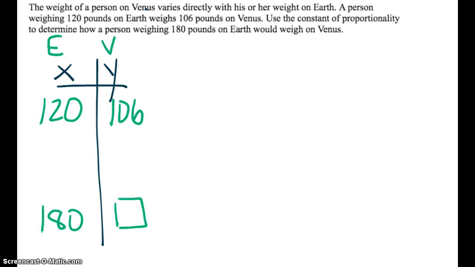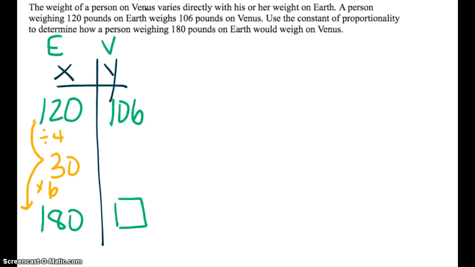I could think, well, can I get 120 down to something that I can then get back up to 180? Well, can't I get 120 down to 30? I could divide this by 4. So 120 divided by 4 is 30, and then 30 times 6 is 180.